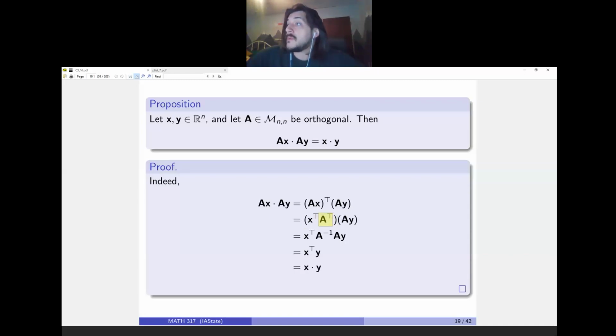Now we've got A transpose A, that's the same thing as A inverse A. That product is the identity, and that gives us X transpose X, and now if you think about what that actually is, you'll see that that is indeed the dot product. So you take X and you do that, and then you do matrix multiplication, which is the dot product. So it is literally what the dot product is equal to.